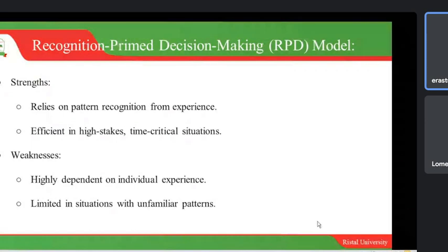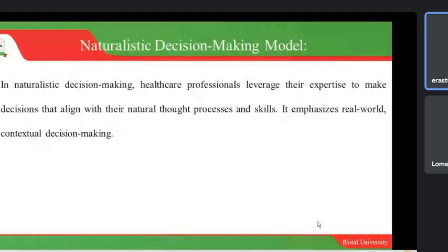So it means if you are new in the industry or health sector, this could be a limitation that would apply to you. And also it is limited in situations that are unfamiliar. So you can also find out more about the pros and cons of the RPD model.